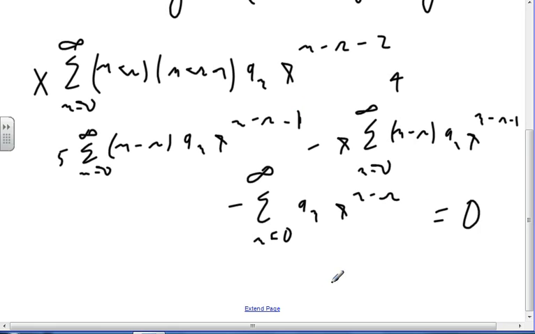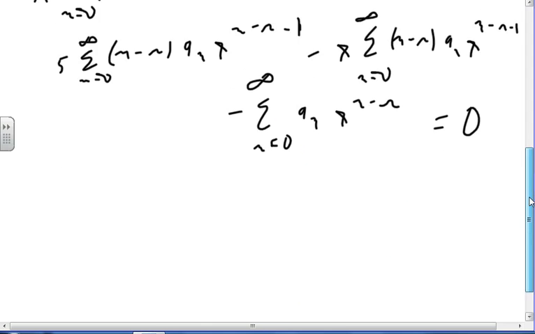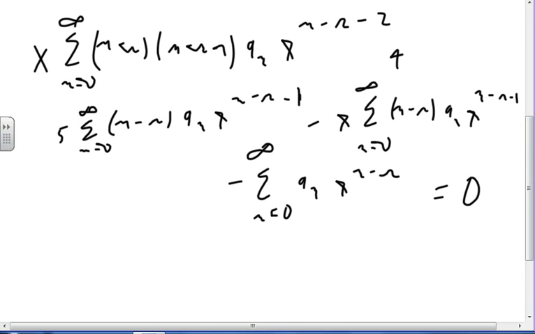Okay, running out of room very rapidly here, which is going to cramp our style considerably.